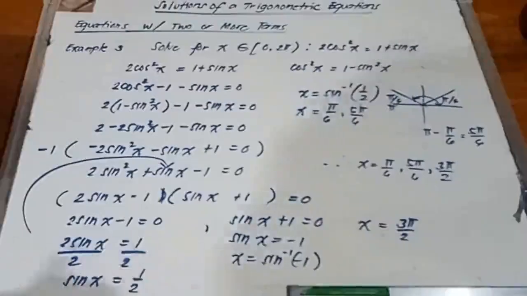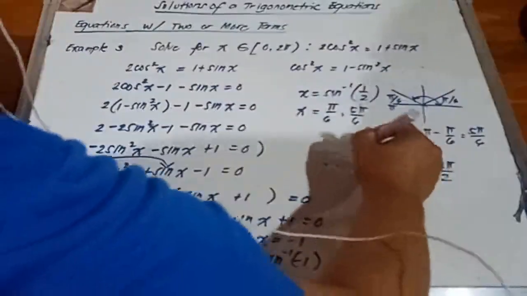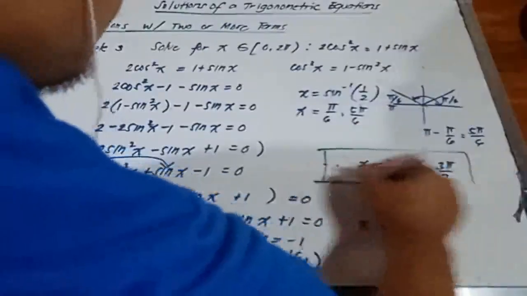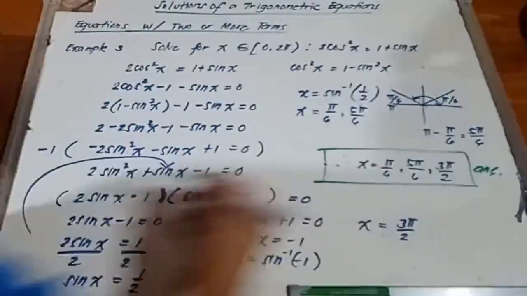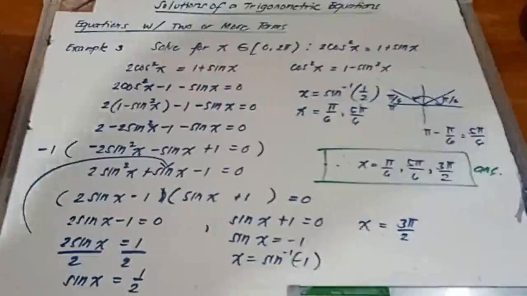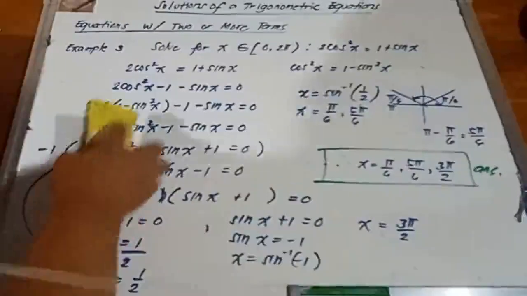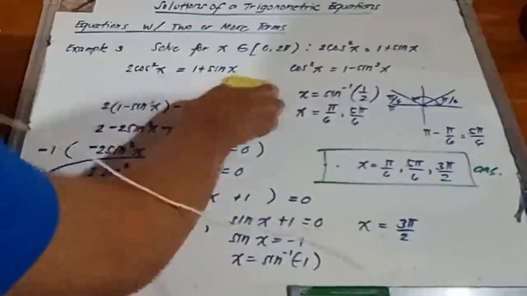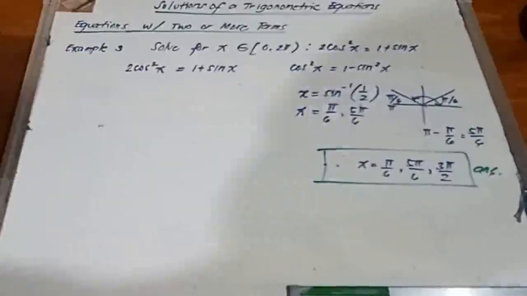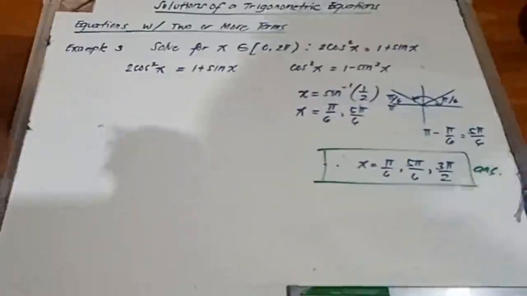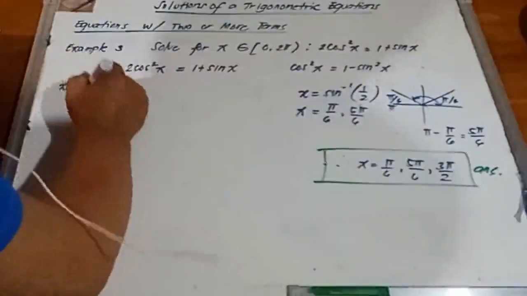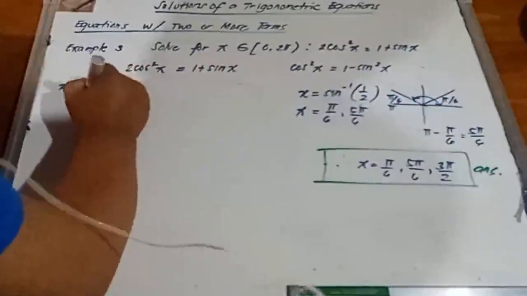You can verify this using scientific calculator. Now, pwede natin i-check yan isa-isa. Tatatlo lang naman, i-check na natin. Okay. Una, x equal to pi over 6.